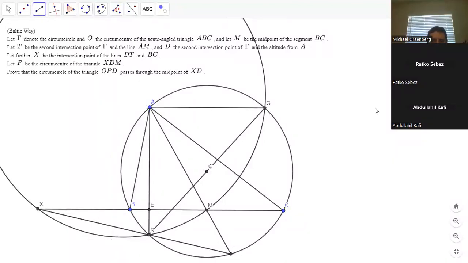And is that just an angle chase? It probably is an angle chase. Yes, because angle XDG is 180 minus GDT, which is 180 minus GAM, which is 180 minus AGM, which is 180 minus GMC, which is, yeah. So the problem is trivial.